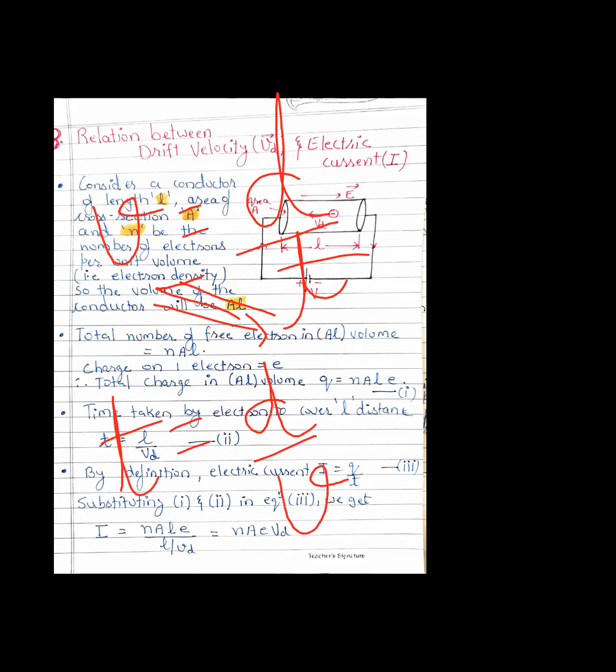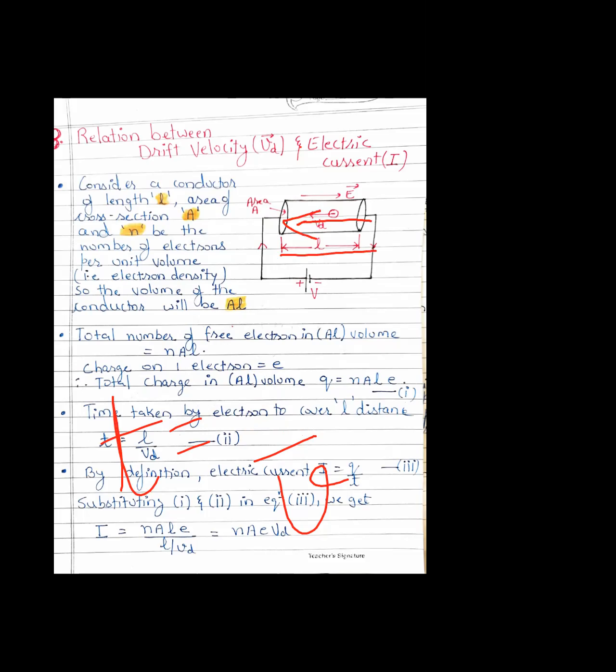Distance, what distance is your charge going to travel? Distance कितना है? Length जितना. So instead of d, we will replace it with L, and for velocity, we are replacing it with drift velocity Vd. So this is my formula for time.